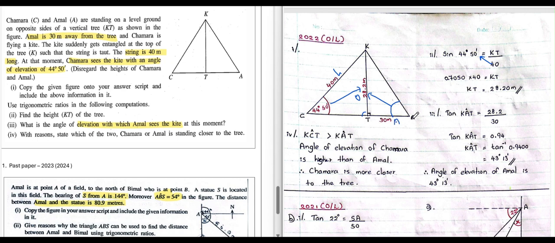So opposite and adjacent means what ratio? That is tan. Since we are going to find the angle, we can write it as tan of the angle equals opposite, 28.2, divided by the adjacent, 30. When you are dividing by 30, this is 3 times 10.